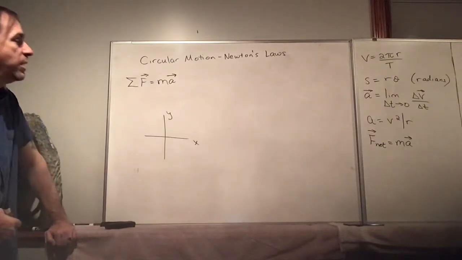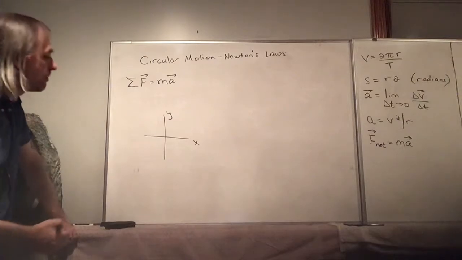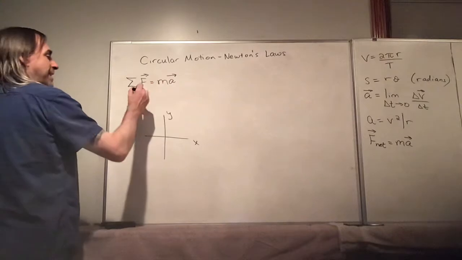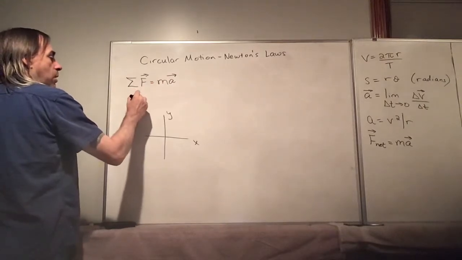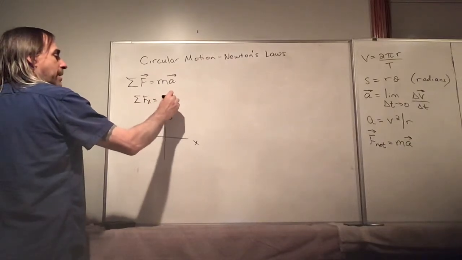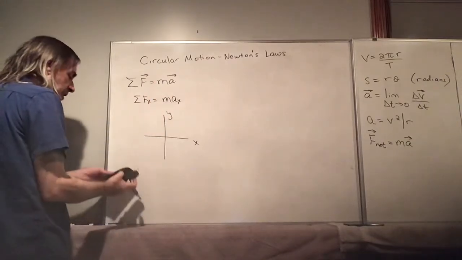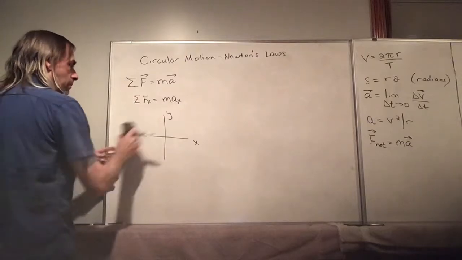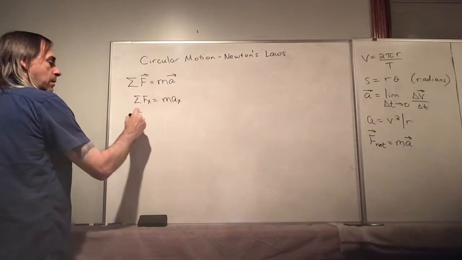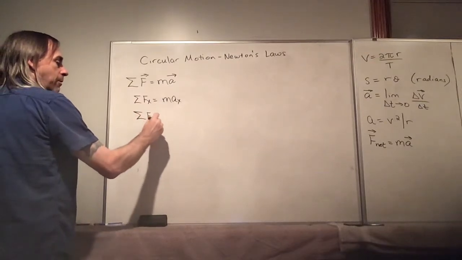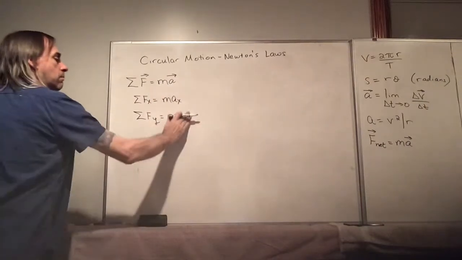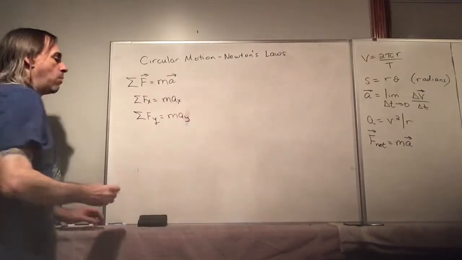And this is equivalent to two scalar equations, where when we break things up into x and y components, the net force in the x direction is mass times acceleration in the x direction, and the net force in the y direction is mass times acceleration in the y direction.